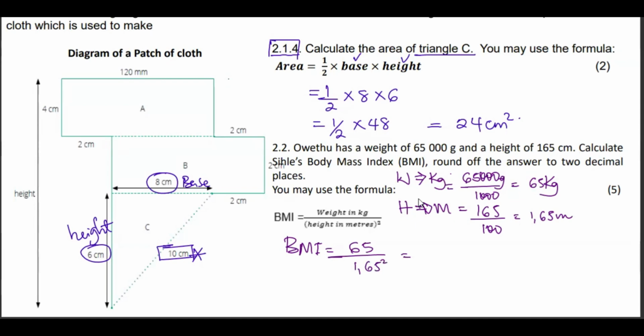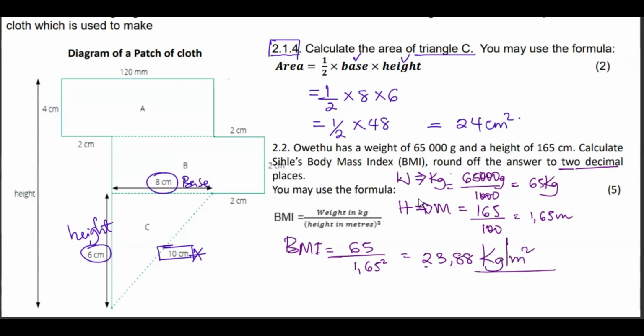And the answer becomes 23,88. They said round off to 2 decimal places. The units are kilograms per meter squared.